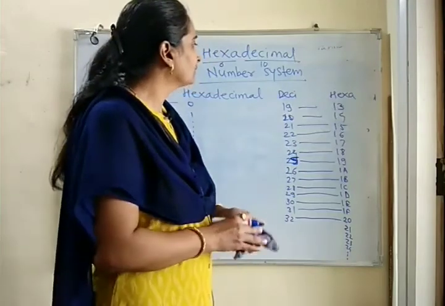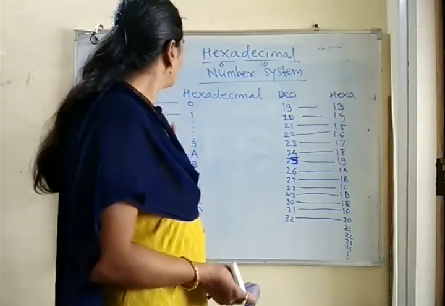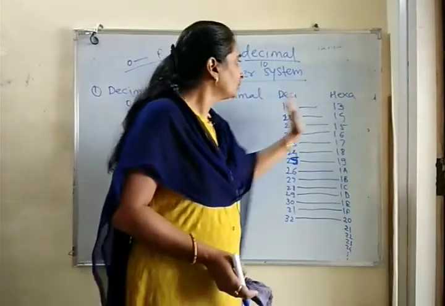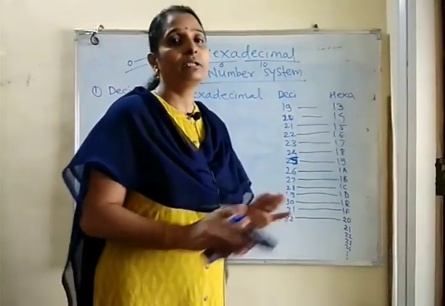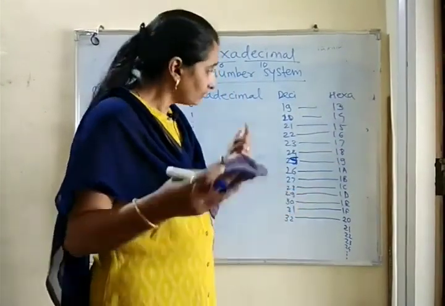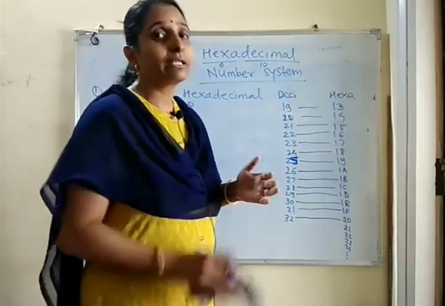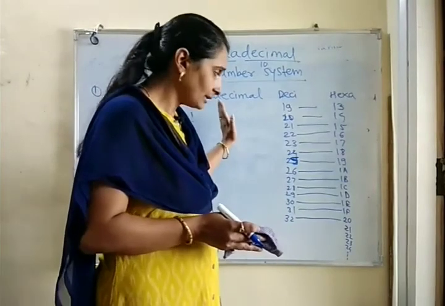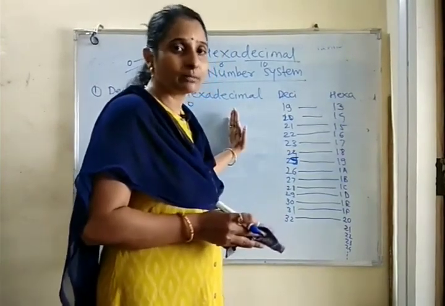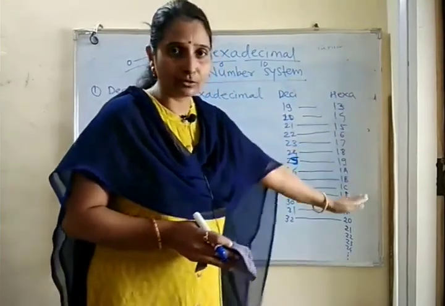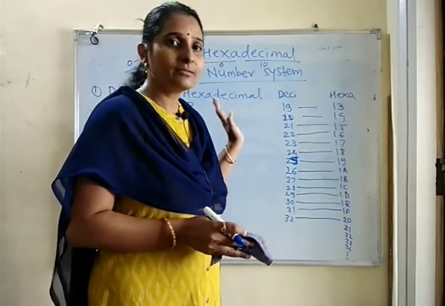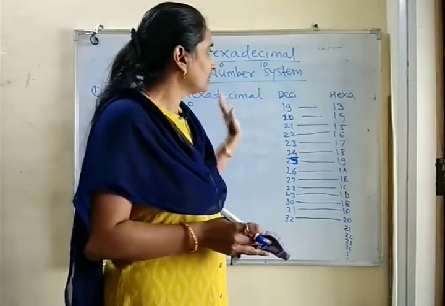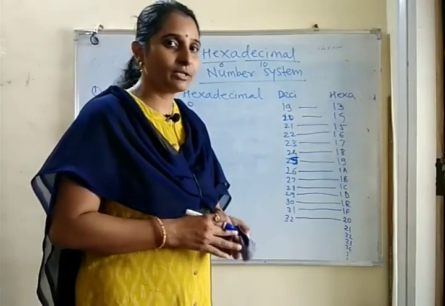So like this we can represent any number from decimal to hexadecimal format without any conversion, but we have to know how to convert exactly. Basically we convert with the help of the division method, but we can convert directly also. So that is the decimal to hexadecimal number system. Okay, thank you.